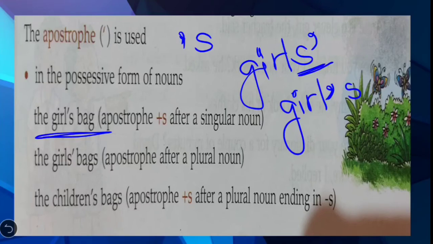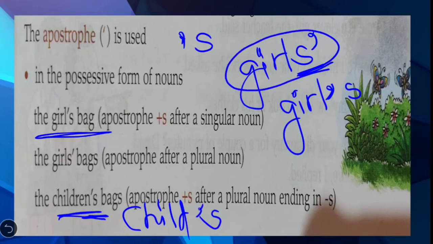The children's bags. Now children is a plural form, child is a singular form. So that time, apostrophe before S. But don't be confused here. Here, girls: after S. And why here before? Because it's a plural noun which is not ending with S. Understand, students?